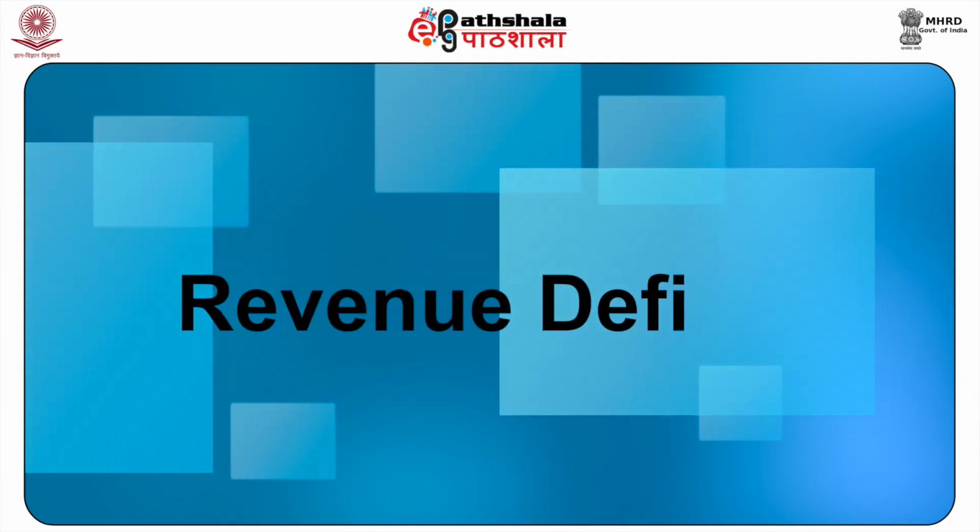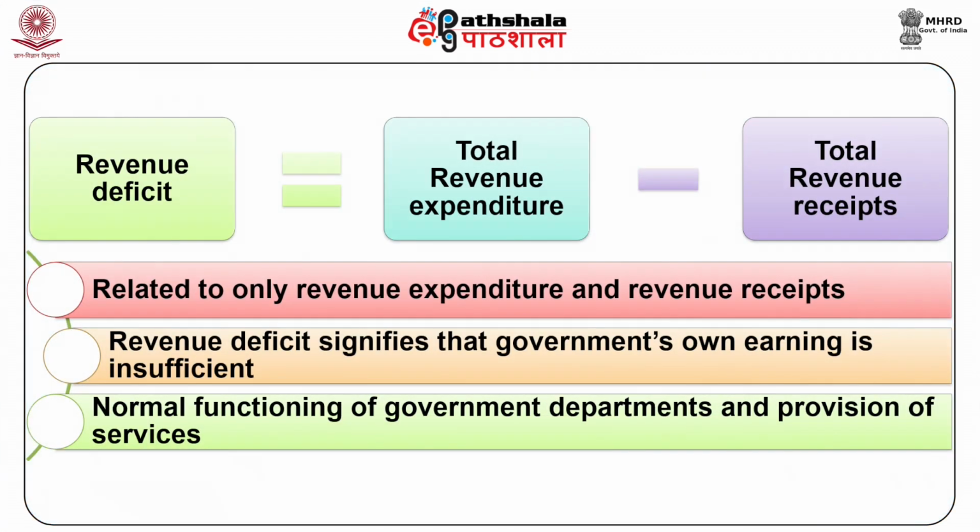Third is revenue deficit. Revenue deficit is the excess of total revenue expenditure of the government over its total revenue receipts. Revenue deficit signifies that the government's own revenue is insufficient to meet the normal functioning of the government departments and provision of services.